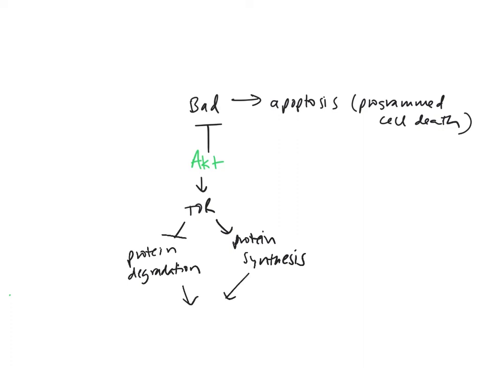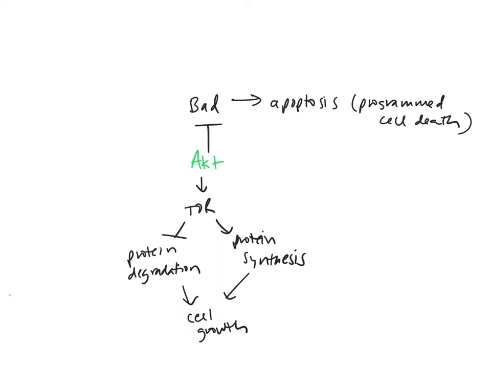Both of these processes are required for cell growth. And so basically, when AKT activates TOR, it is also activating cell growth. So it's kind of cool as you can have one component of the signaling pathway that can essentially distribute roles to suppress cells dying and also encourage cells to grow.